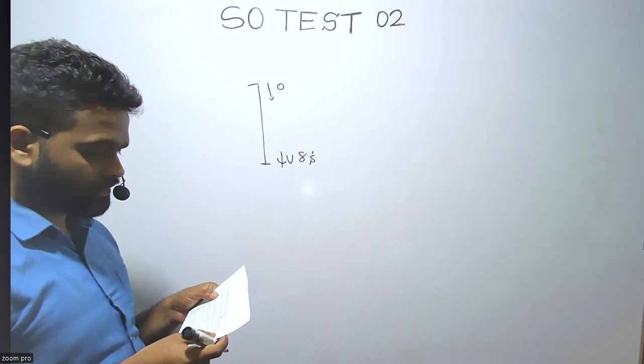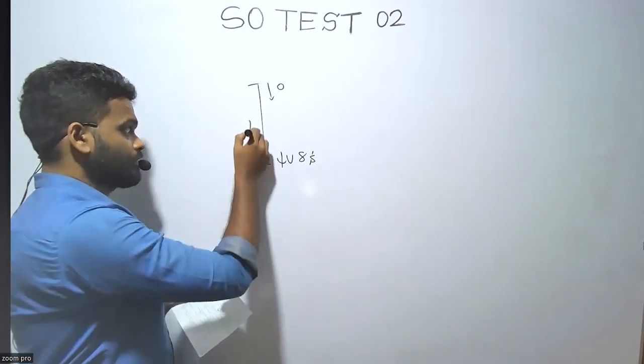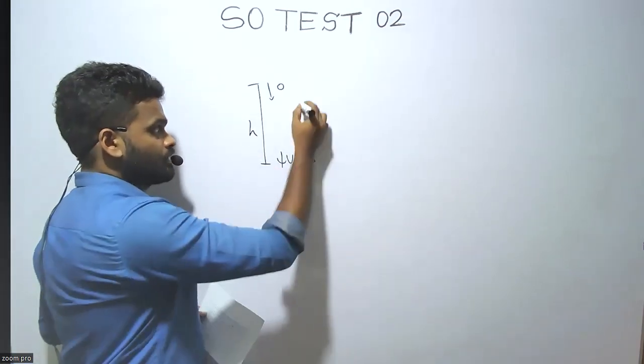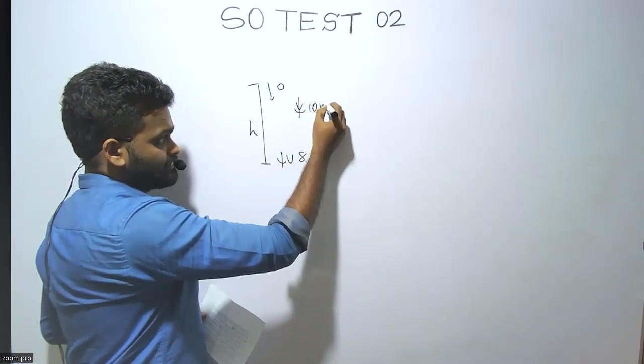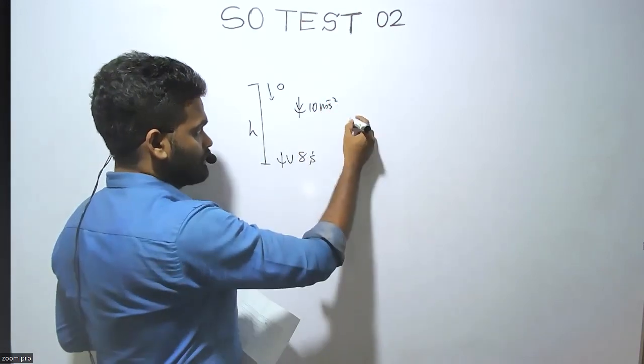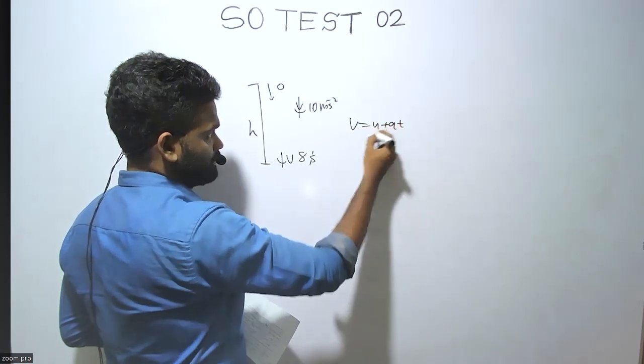The velocity it hits the ground with and the height of the building h, and they ask v. You know the gravitational acceleration, that is 10 meters per square second downwards. You just apply this equation to find the velocity.